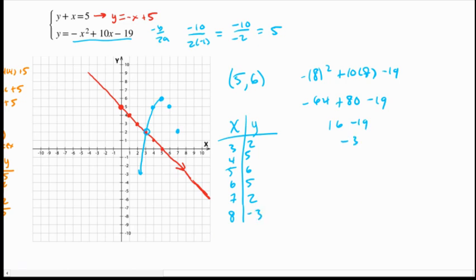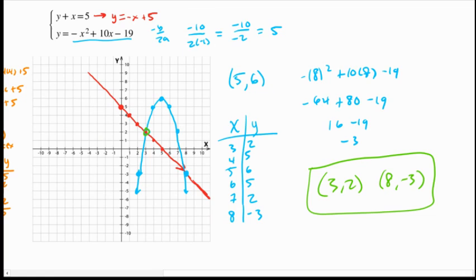So 8, -3. Okay, there's my second solution right there. And so my two solutions cross at 3, 2, and 8, negative 3. And that's how we graph linear functions, quadratic functions, and then solve this system of equations.